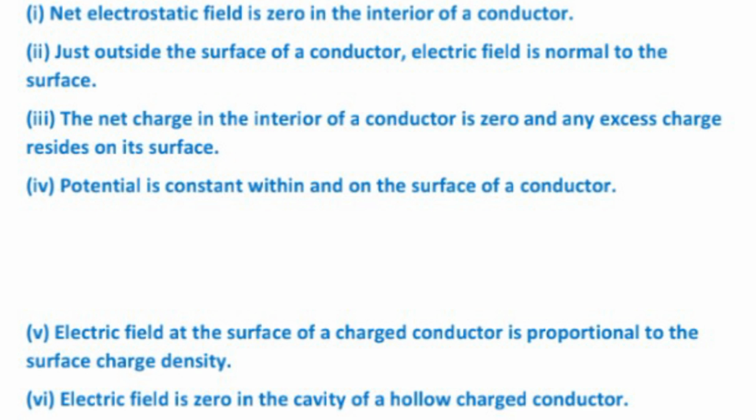Third, the net charge in the interior of a conductor is zero, and any excess charge resides on its surface. Fourth, potential is constant within and on the surface of a conductor.